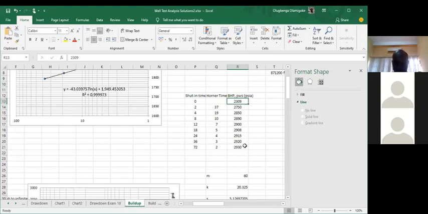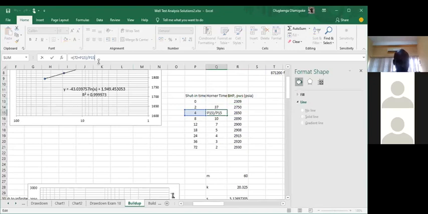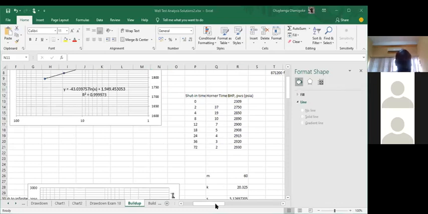So what you're trying to do is to get, for each shortening time, that's for each delta T, the corresponding Horner time. So Horner time is Tp plus delta T, all in bracket, divided by delta T. I haven't calculated it, but I think the question said TP is 310.